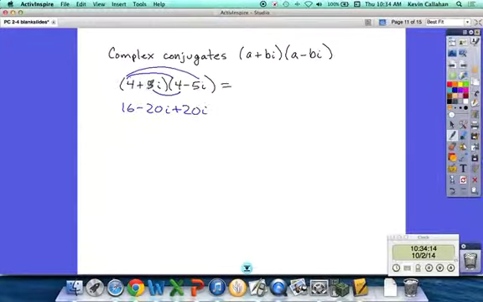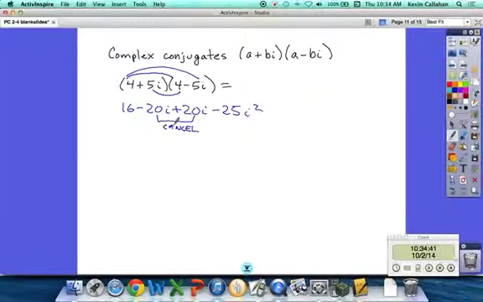And the last will be 5 times negative 5, it's 5 times 5 is 25, and it's i times i, which is i squared. So the middle terms cancel, and they always will. When you multiply complex conjugates, the middle terms cancel.